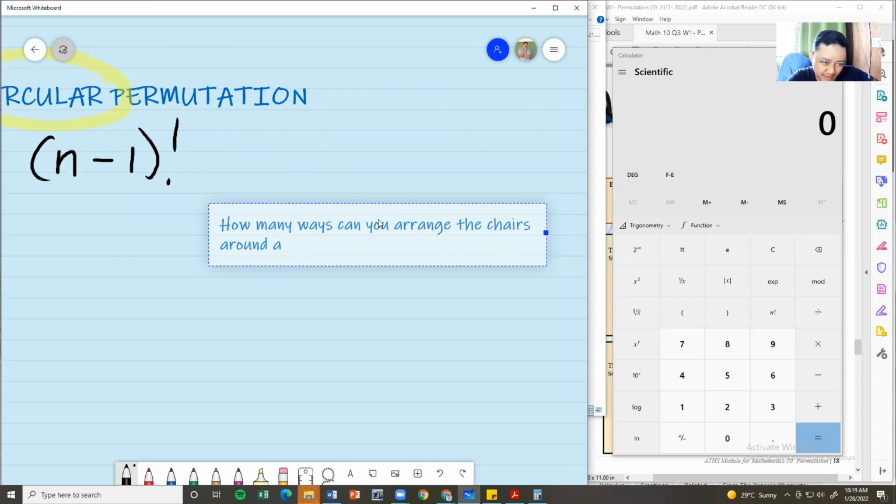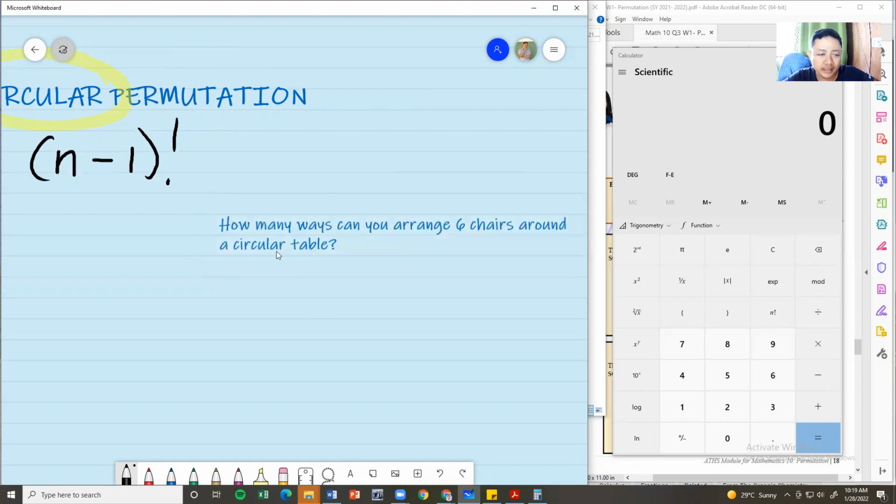Let's change this, maybe 6. How many ways can you arrange 6 chairs around the circular table?